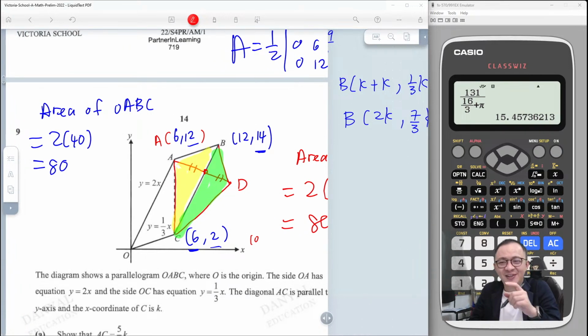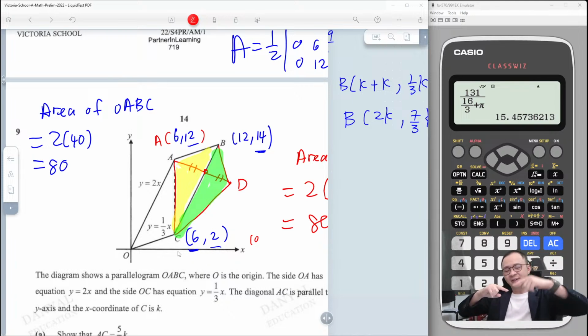Let me read you again. You used 2 to 12, it's supposed to be 6 to 12. But is the coordinate correct?